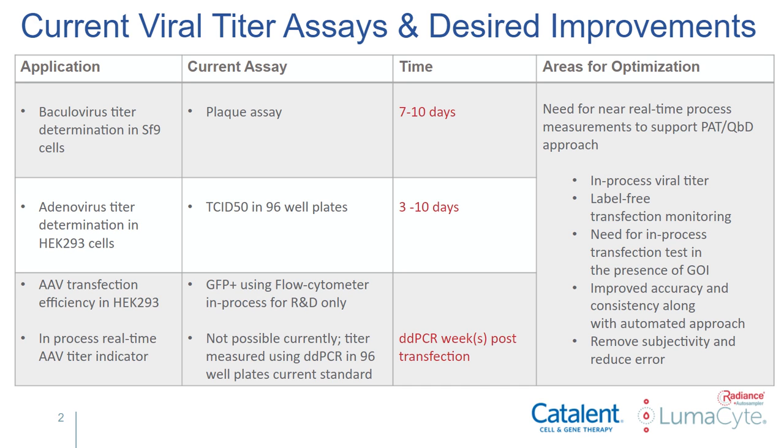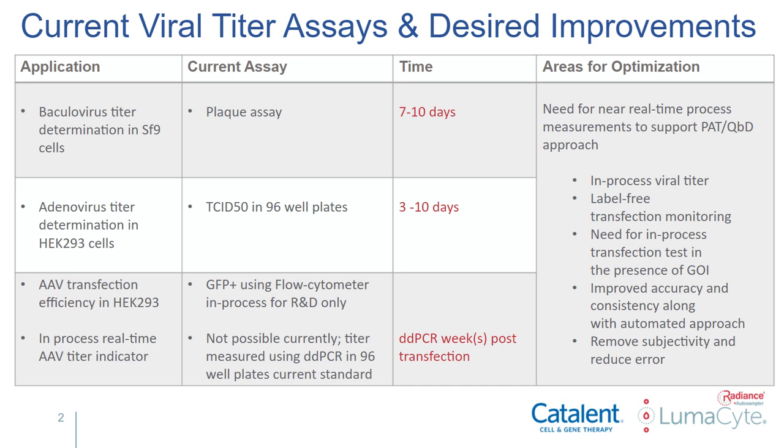At this time, we lack real-time assays that could be indicative of viral titer similar to a plaque or a TCID50 assay. For example, the baculovirus determination in SF9 cells is currently done using a plaque assay, which takes 7 to 10 days, and the adenovirus titer determination in HEK293 cells uses TCID50 in 96 well plates, and that takes 3 to 10 days.